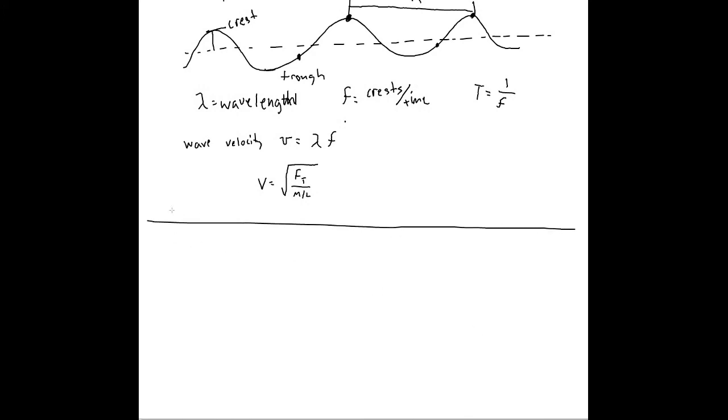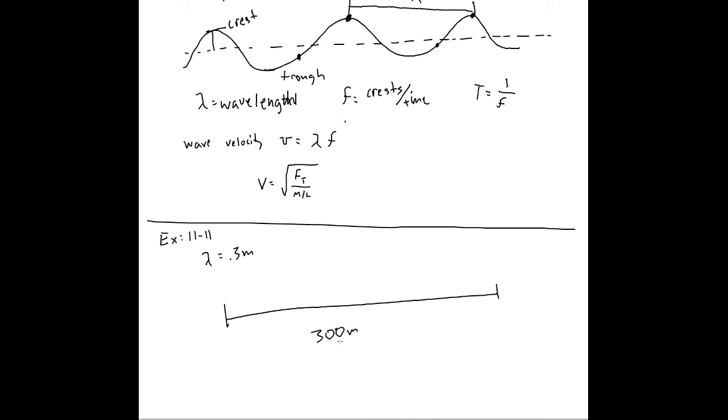So our example problem, this is 11-11. Okay. So it says our wavelength is 0.3 meters, and it's traveling down a 300 meter long wire, okay? So my total distance here is 300 meters.